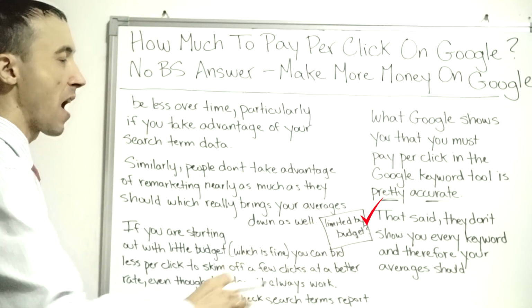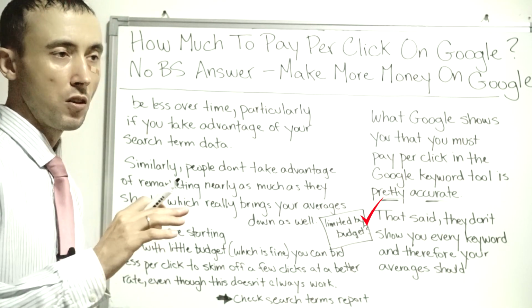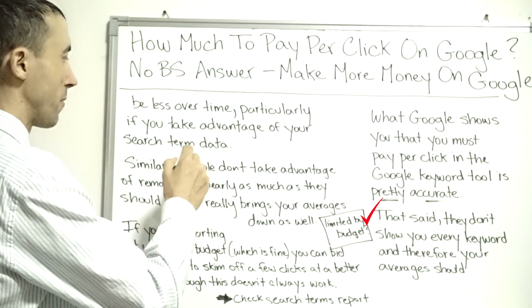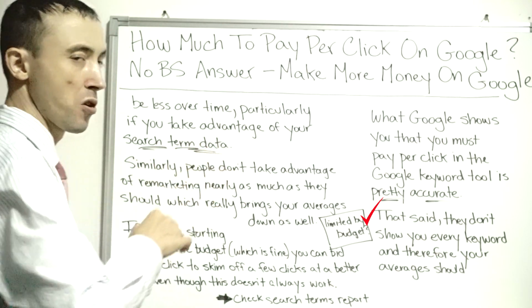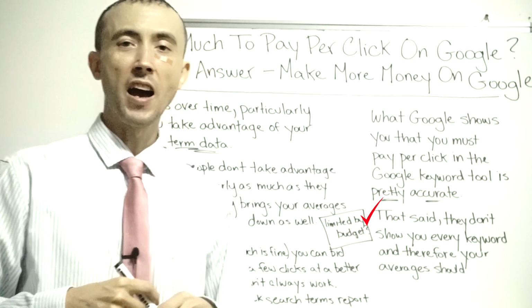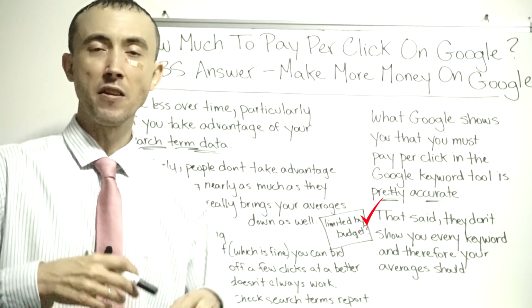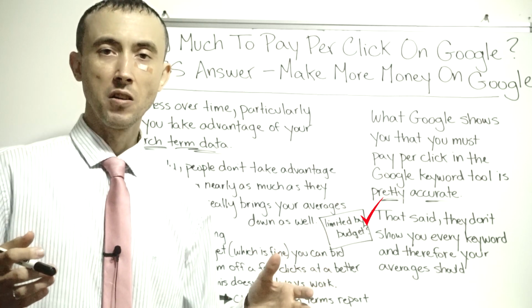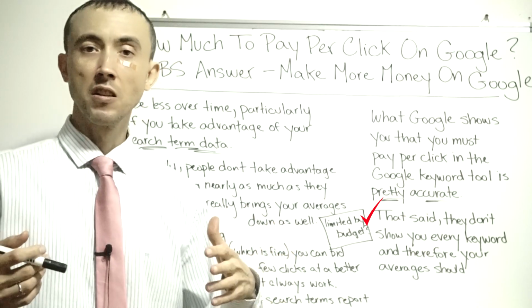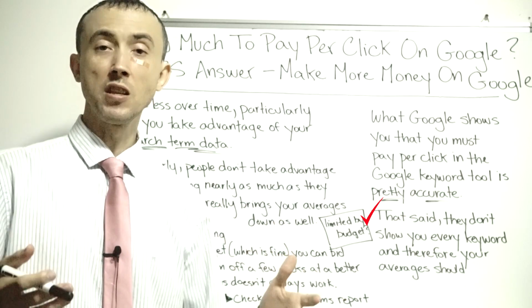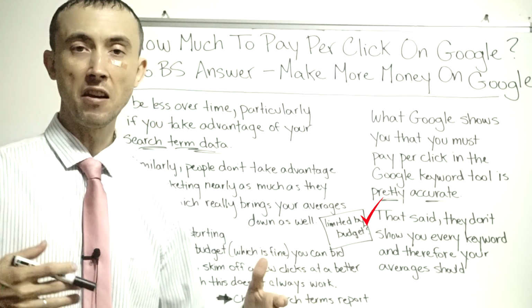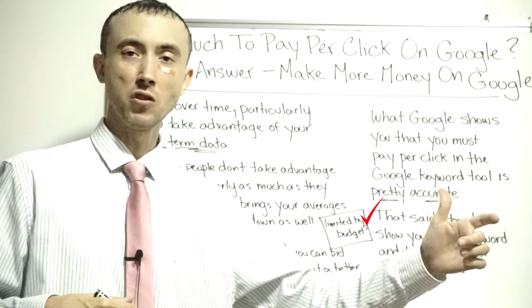But when you run your ads for a while, you can go into your search terms report and look at your search terms data and find these long tail keywords in there that your ads are showing up for semi-consistently, or that you see are converting into a lead or a sale, and then target those keywords individually.